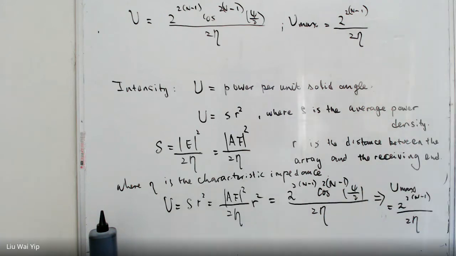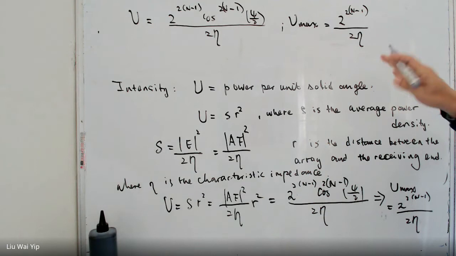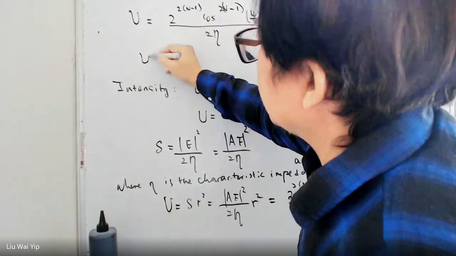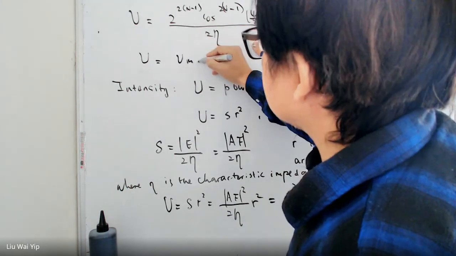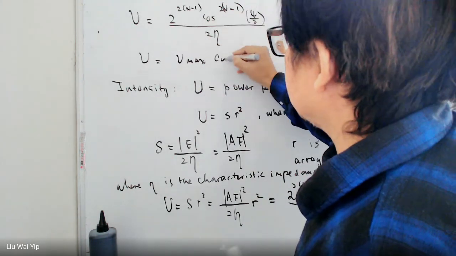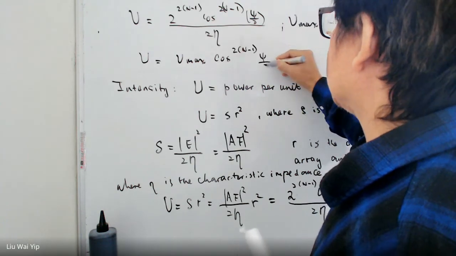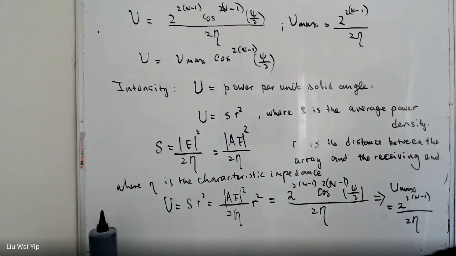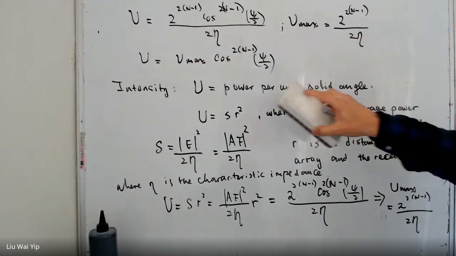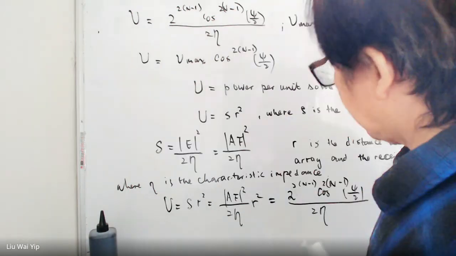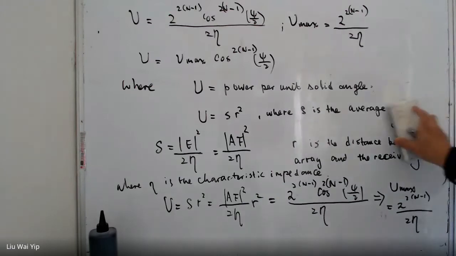So based on these two equations, we know U can be rewritten as U max, and then the cosine function. So U here is the intensity. I'm not going to write too much text down.